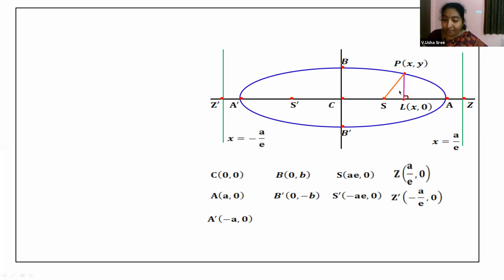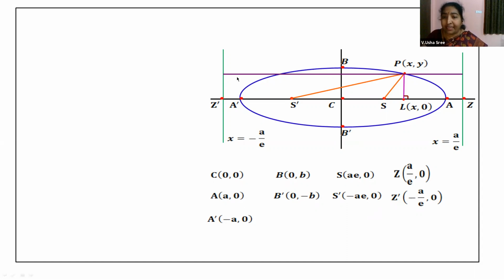So SP: S coordinates we know, that is (ae, 0). P also we know. Do you know what is S dash? Yes, that is (-ae, 0), isn't it? We will also join S dash P because we need that in the statement. We need to prove it, right? So S dash P.